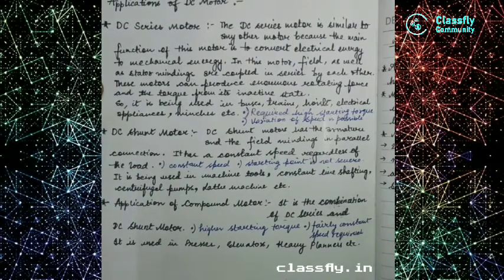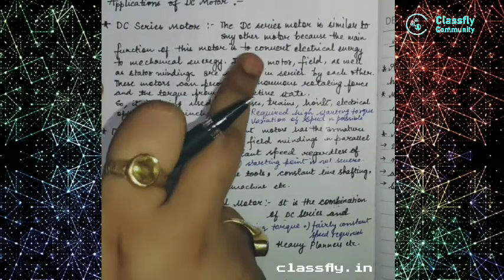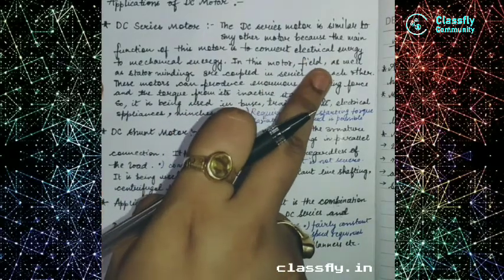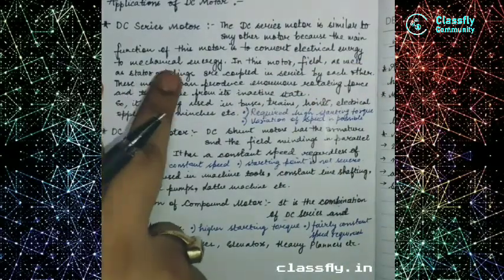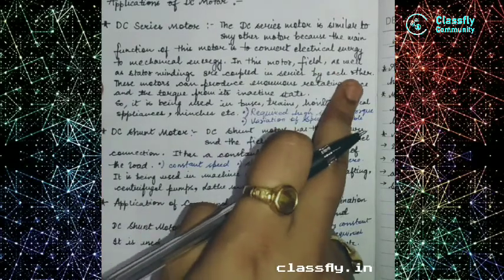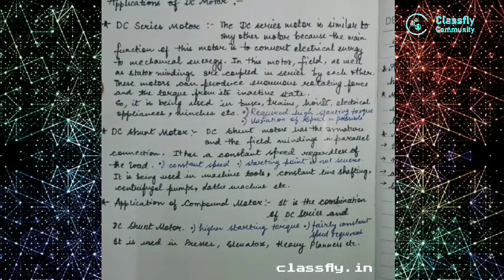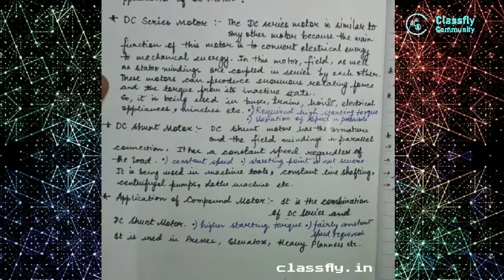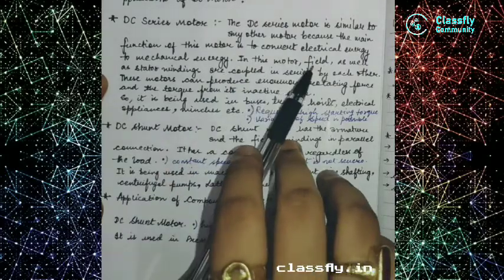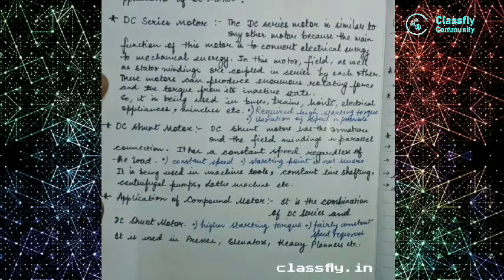Why is it called a DC series motor? In this motor, the field as well as the stator winding are coupled in series with each other. That is why it is called the DC series motor.